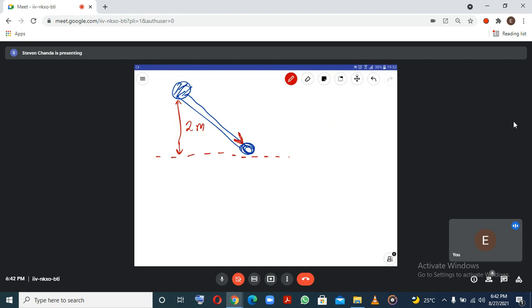So first let's write our equation: translational kinetic energy, rotational kinetic energy, gravitational potential energy, initial, equals translational kinetic energy, rotational kinetic energy, gravitational potential energy, final.